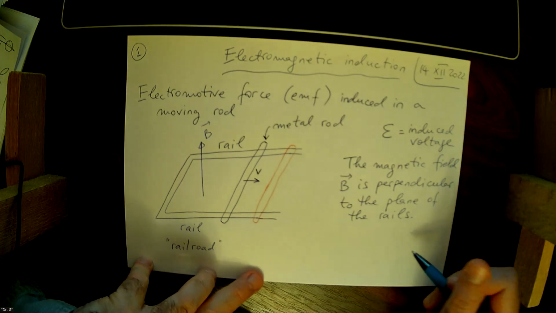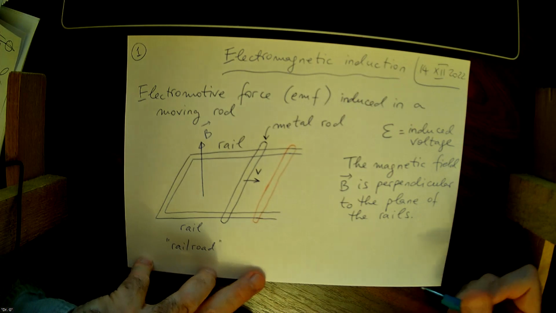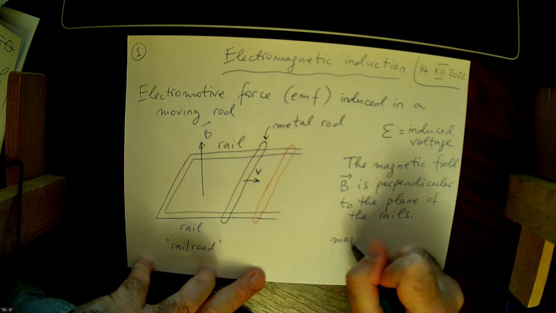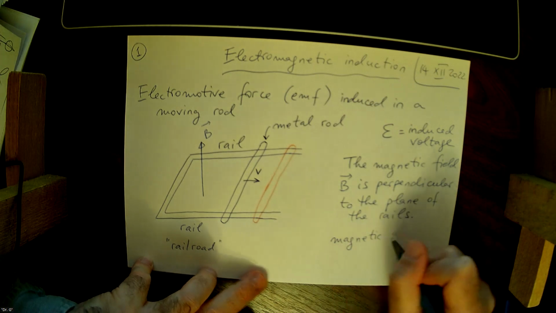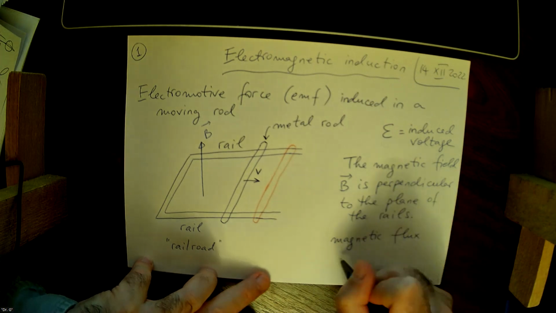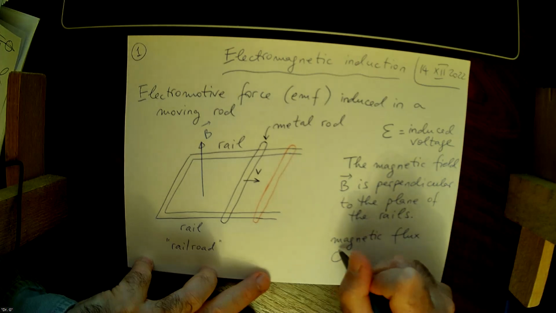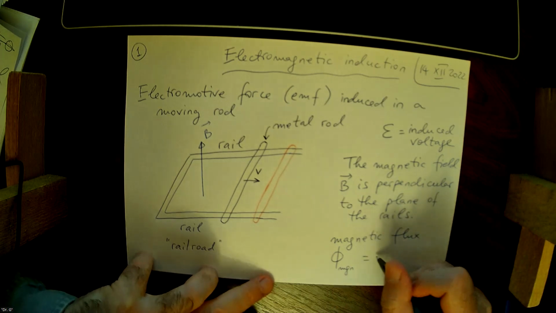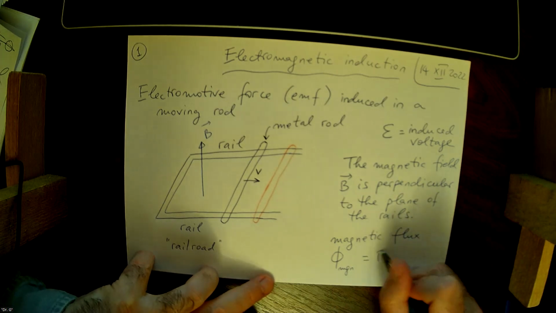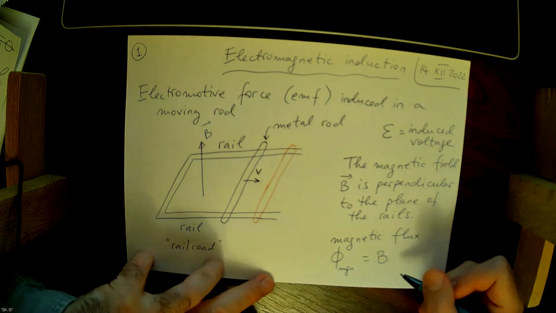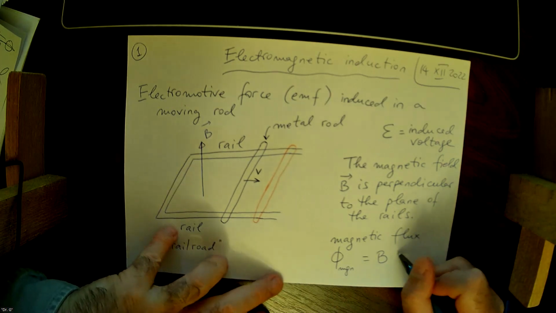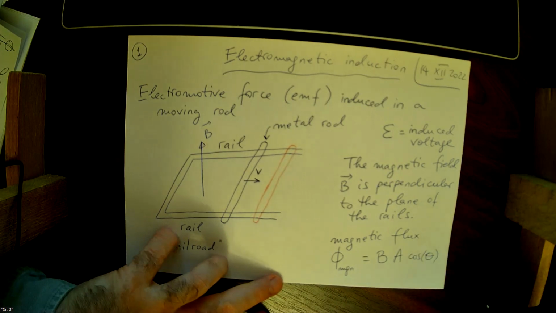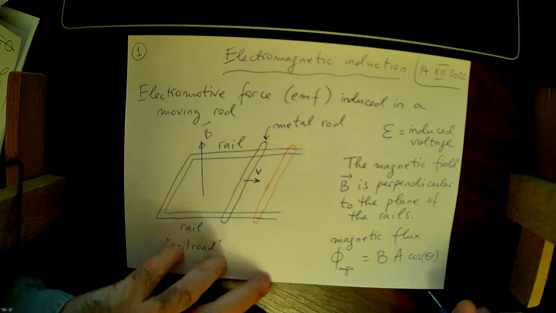It's a good time to remember the definition of magnetic flux. The magnetic flux is the magnitude of the magnetic field times the surface area times the cosine of the angle. What angle?